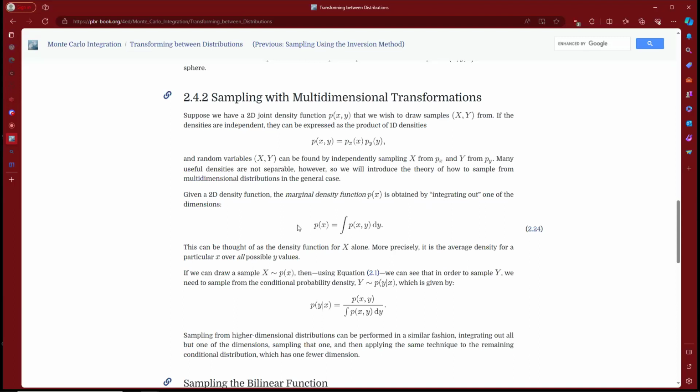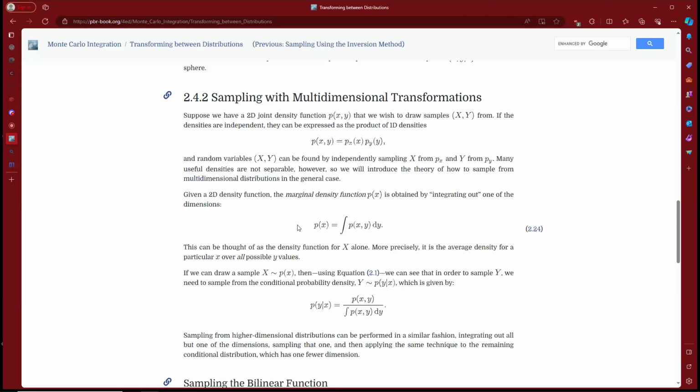Given a 2D density function, the marginal density function p of x is obtained by integrating out one of the dimensions. Okay, so integrating with respect to y to get p of x from p of xy. It can be thought of as the density function for x alone.